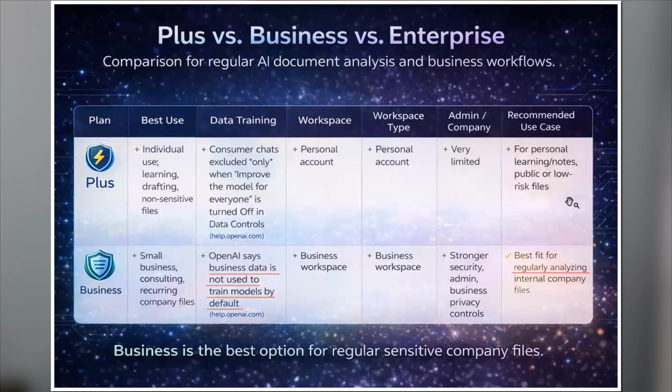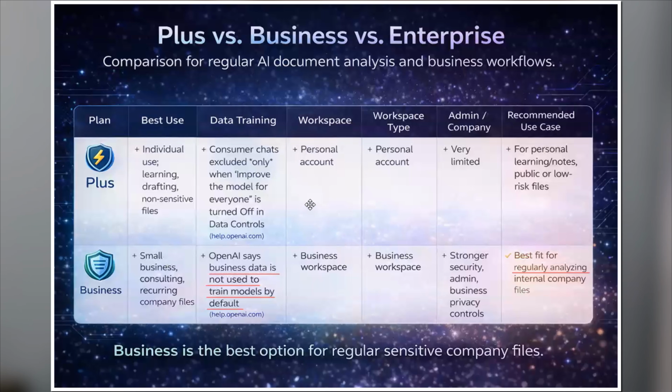The Business is the best fit for regular analysis and internal company use. Again, the Plus is for individual use, learning, drafts and non-sensitive files. The Business is for small businesses and consultants, where you will share some non-secure files or documents.